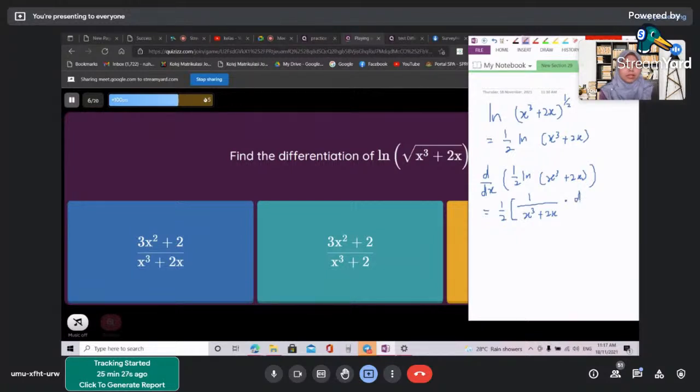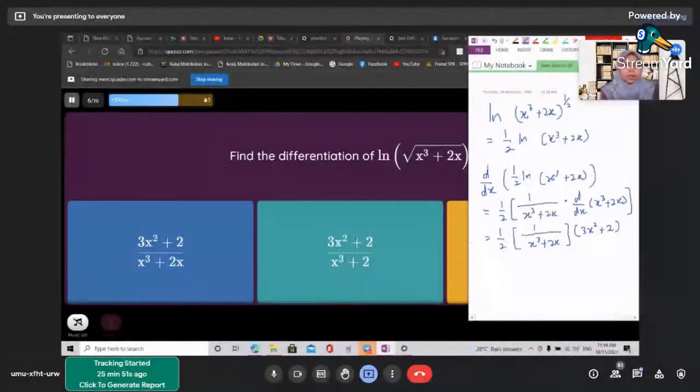Differentiate the one inside the ln. Okay, so please remember this step. Next, differentiate x power of 3 plus 2x, so you will get 3x squared plus 2.